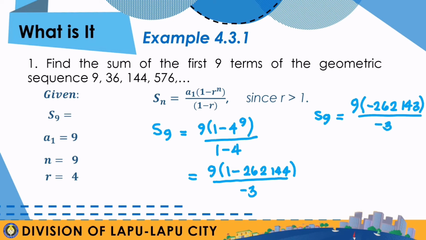Now let's do the operation. So here you will have an answer of 786,429. And that's the sum of the first 9 terms of this geometric sequence. Again, that is 786,429.